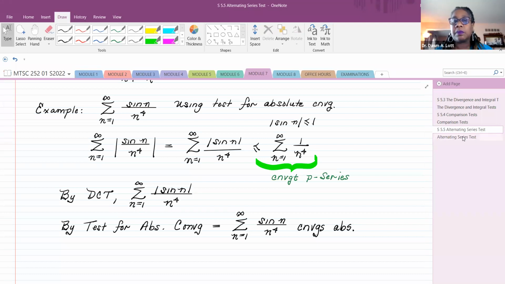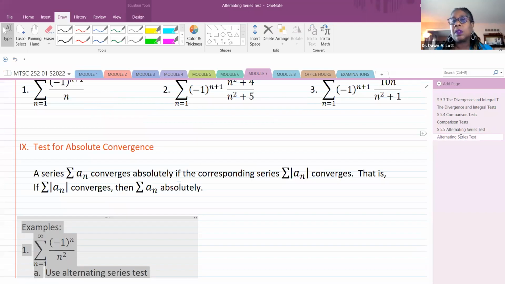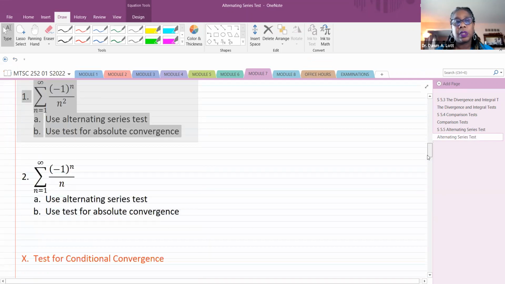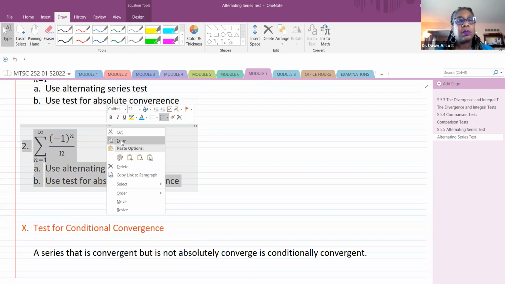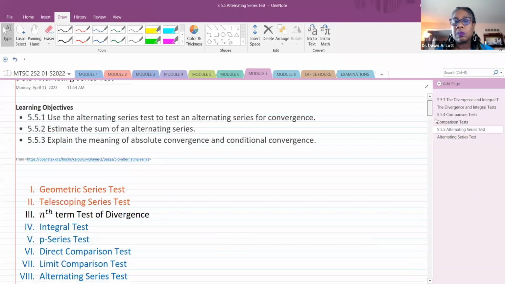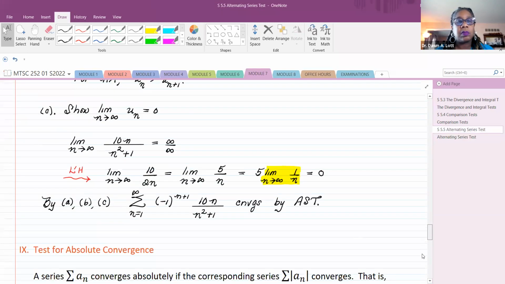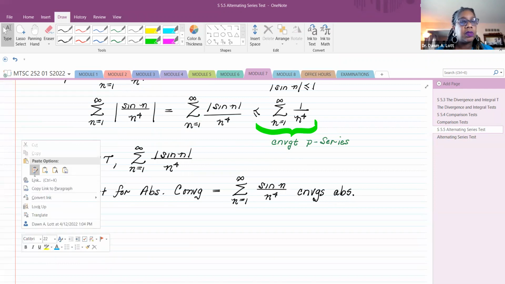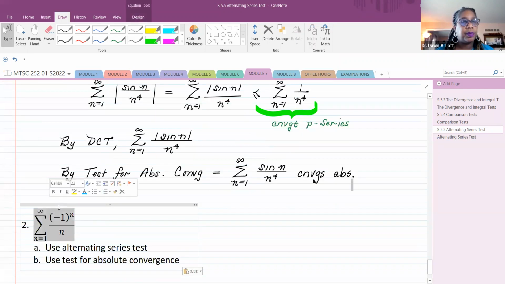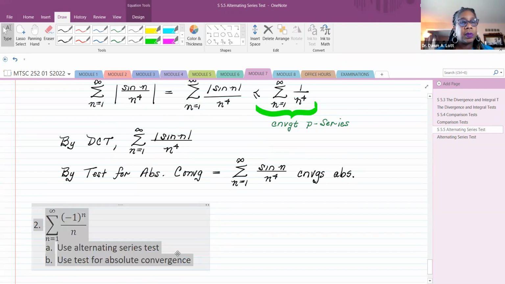Okay. Of course, now we got one that was so beautiful. Let's go on to this one. So here's our next example. Again, you can use the test.